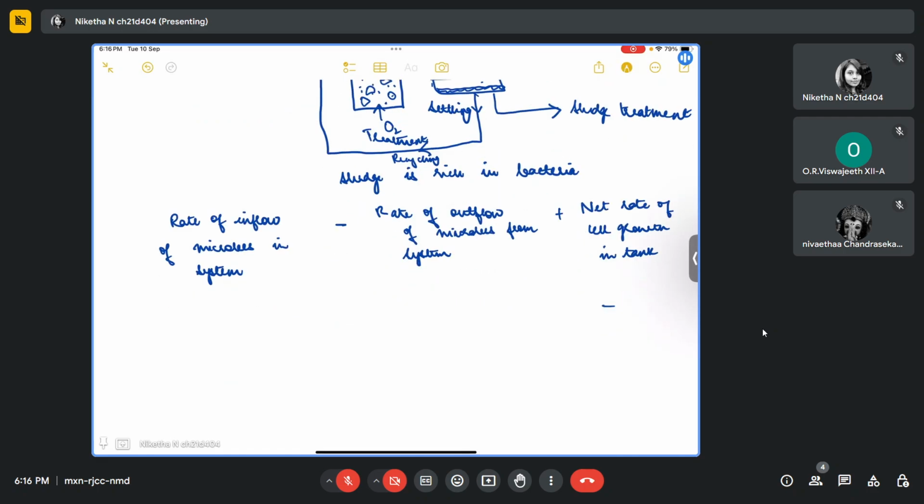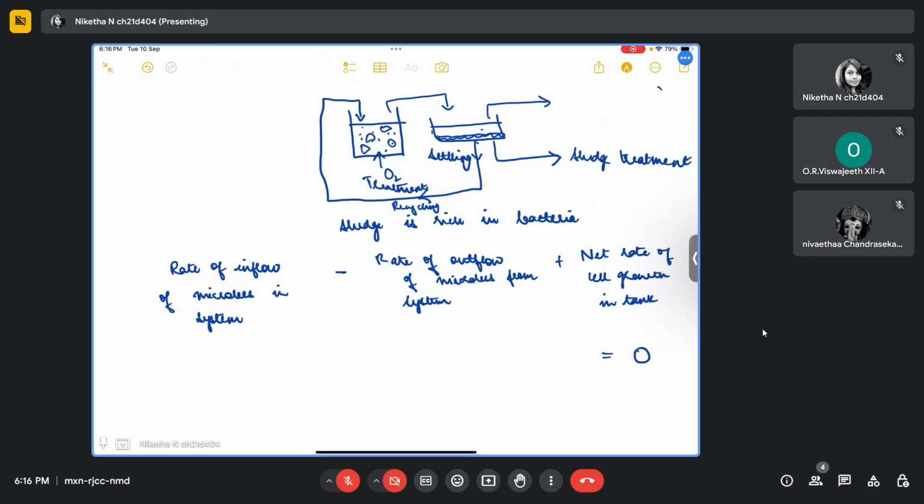This should be equal to 0. Did you understand this?